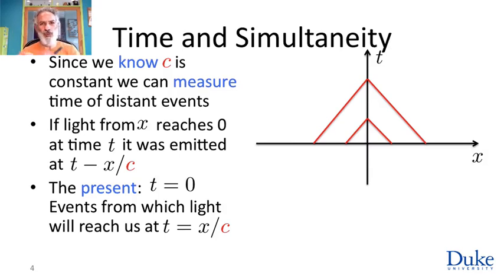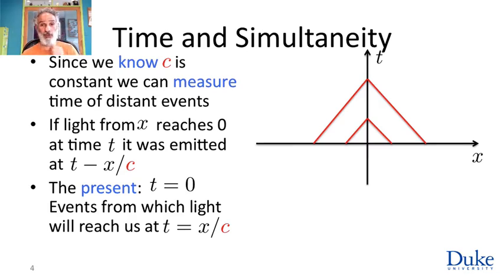So how do we know what's going on a light year away right now? What do we actually mean by right now? Well, now that we understand that the speed of light is a constant, we can give a technical, measurable, operative meaning to what's going on right now. If, for example, 6,000 light years away on the Crab Nebula, something is happening now, well, I don't know it yet, but in exactly 6,000 years, the light from there will reach Earth.